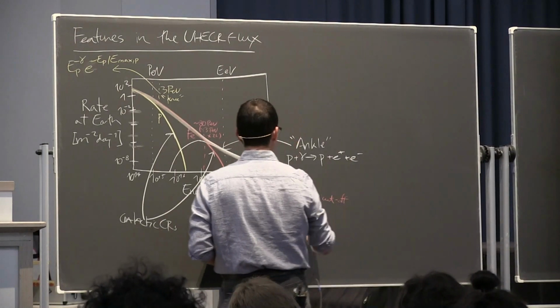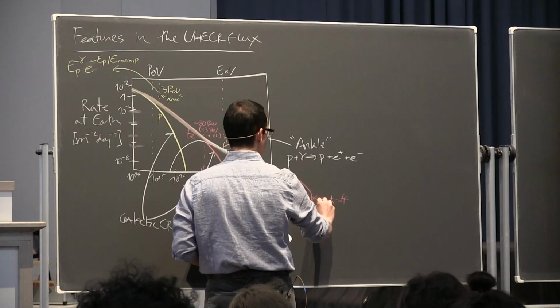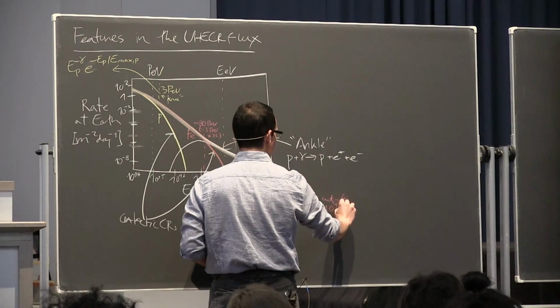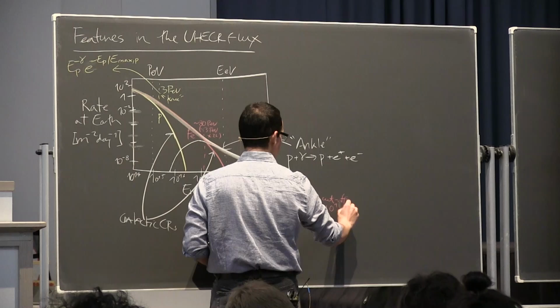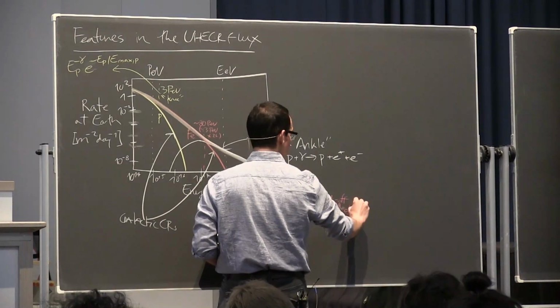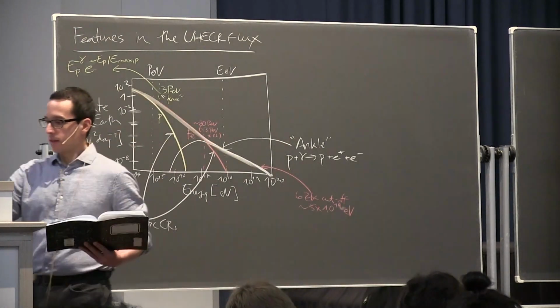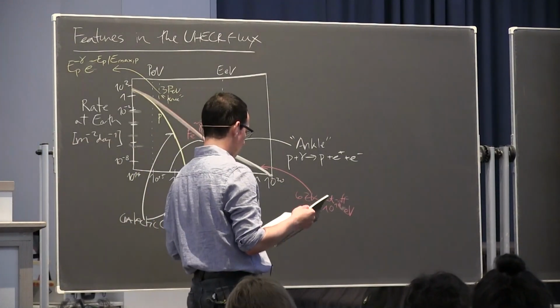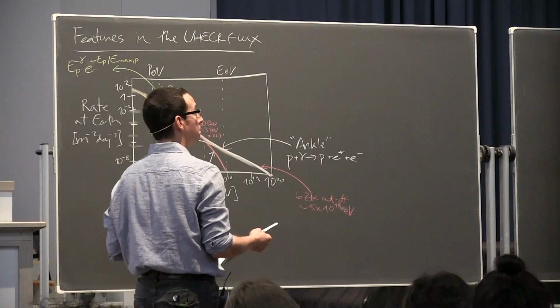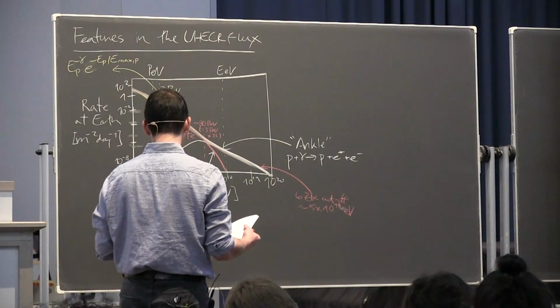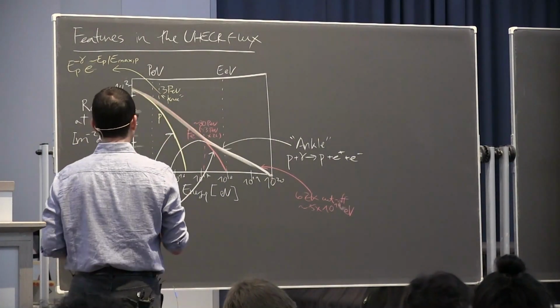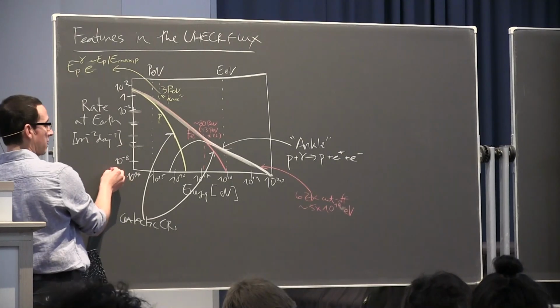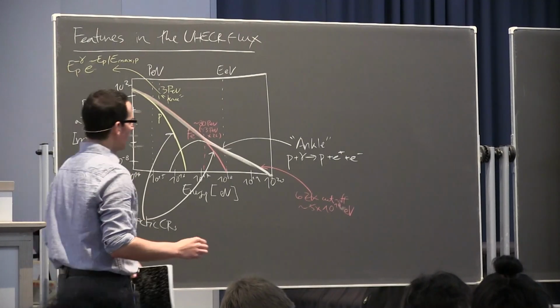So this is at roughly 5 times 10 to the 19 electron volts. Okay. So just to get our bearings, again in terms of energy, remember LHC energies are around here at 10 to the 13.